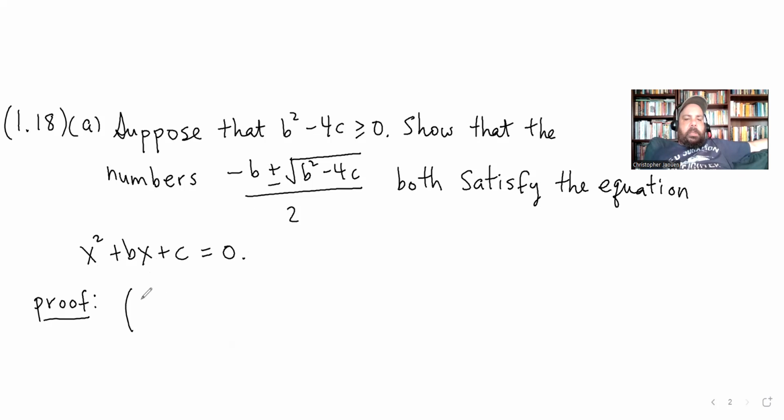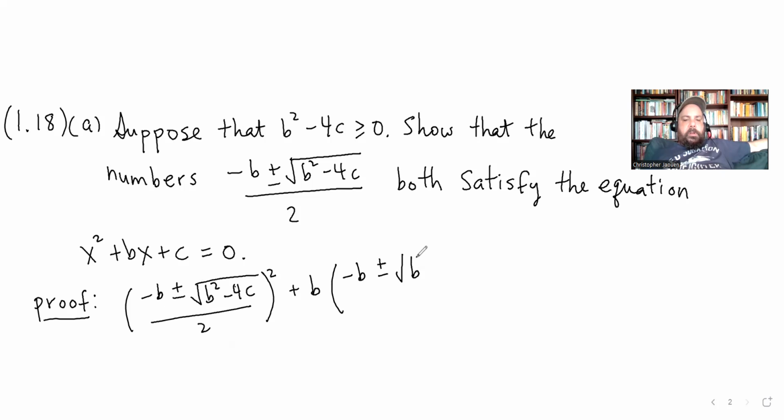So you take negative b plus or minus square root b squared minus 4c over 2, squared, plus b times negative b plus or minus square root b squared minus 4c over 2, plus c.